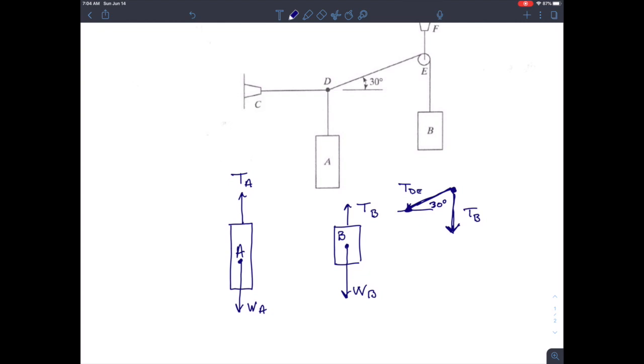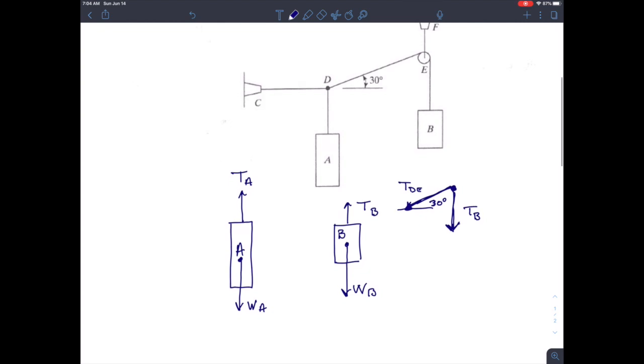Then there's a force exerted on the pulley where it's being held up by another cable. That would be a force that pulls up, and you could call that tension EF. So that's the free body diagram at point E.